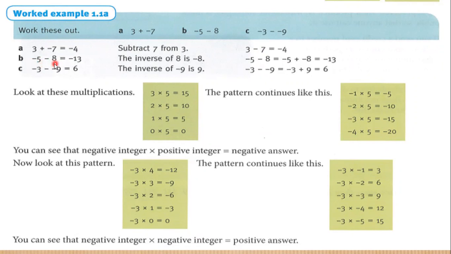So the operation we perform is plus, because 5 plus 8 is 13. But remember one thing, which sign we use, minus or plus, depends on which number has the greater value. This one has 8, this one has 5. Which is greater? 8 is greater, and it has the minus sign, so you put minus.